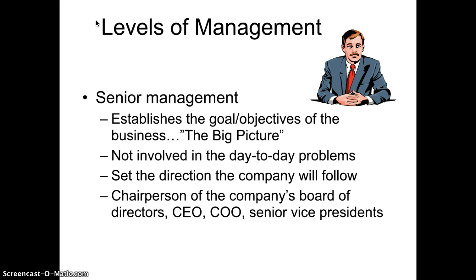Okay, so in terms of a business, to give you an example, it could be the CEO of Ford Motor Company saying that we want to have a fully functional electric vehicle that can go 200 miles in a single charge and have it cost a consumer less than $30,000, and we want that done by 2017. Okay, they're not going to get involved in the day-to-day how to do that, but they're going to set the goal and try to oversee that entire objective.